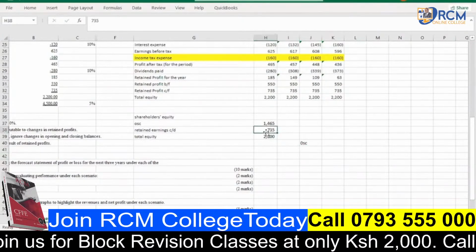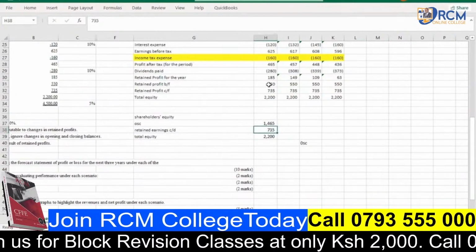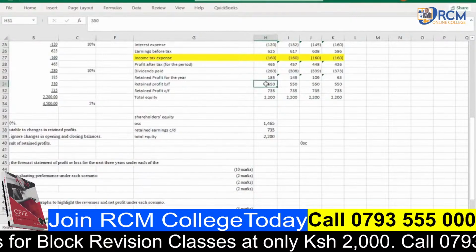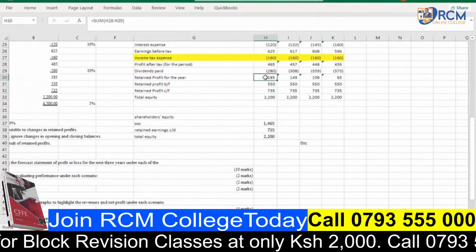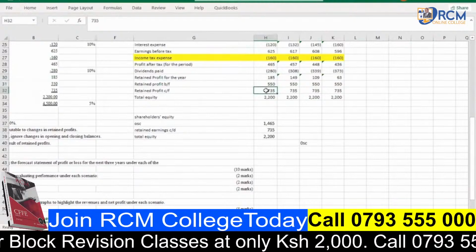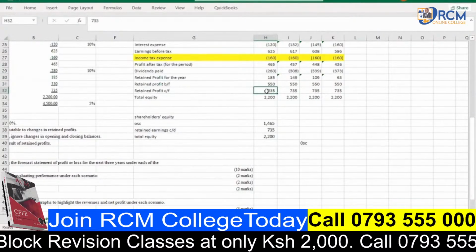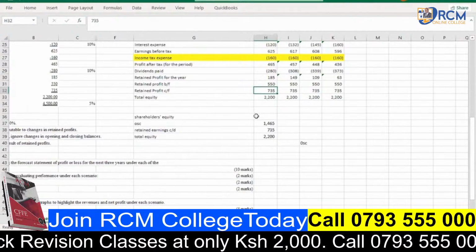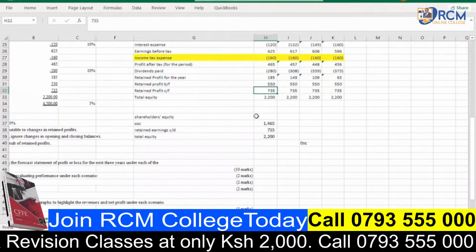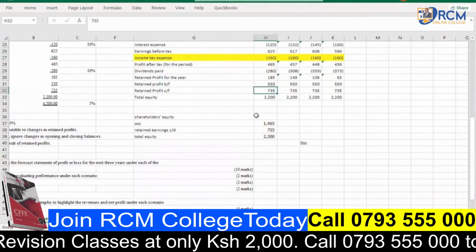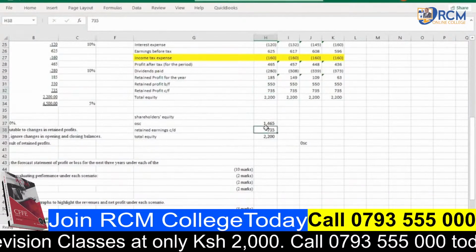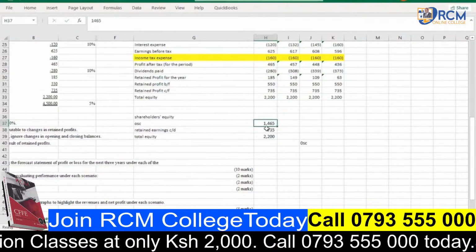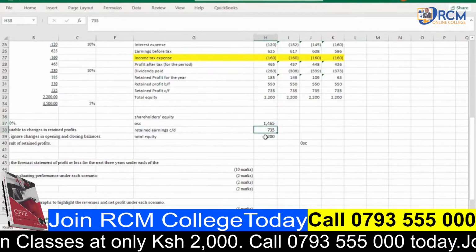Our retained earnings carried down is the retained earnings brought down 550 plus retained profit for the year 185, which will give us 735. This 735 is what we take to the statement of financial position, which we have brought here. So when we add ordinary share capital and retained earnings carried down, we'll be able to get total equity.